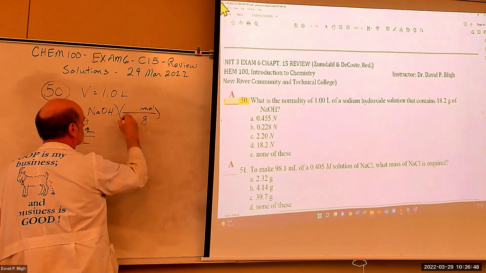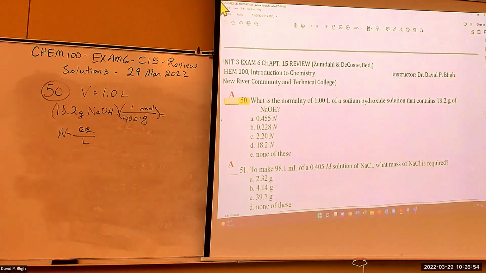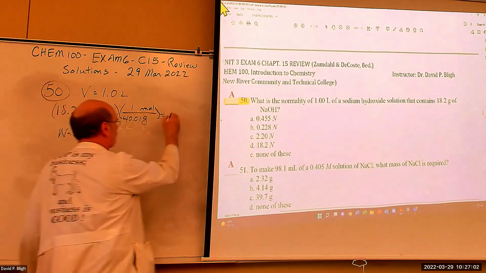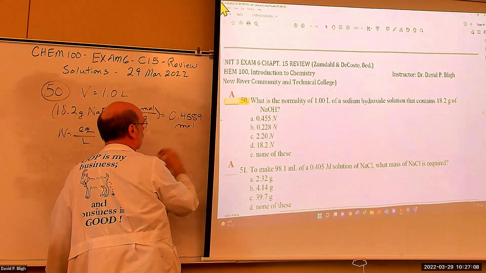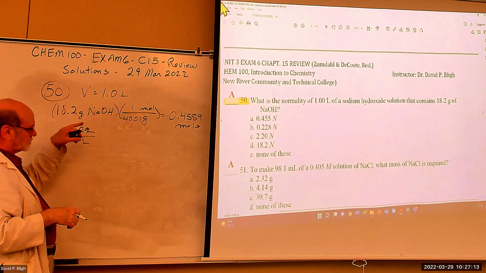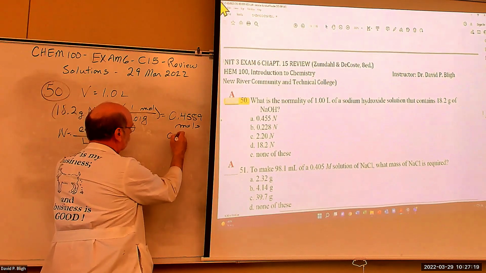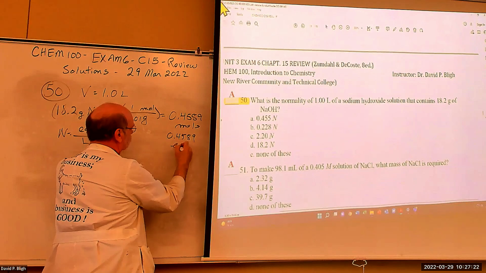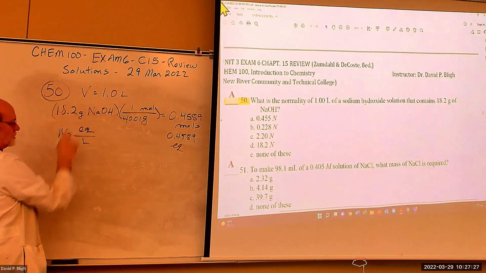Grams per mole, 40.01. So divide that into 18.2. I get 0.4589 moles of sodium hydroxide, which, for argument's sake, since there's one hydroxyl for every mole, is also 0.4589 equivalents, because there's only one hydroxyl.